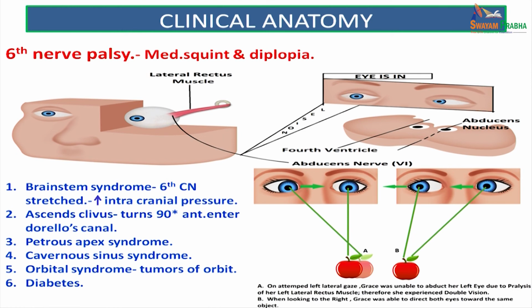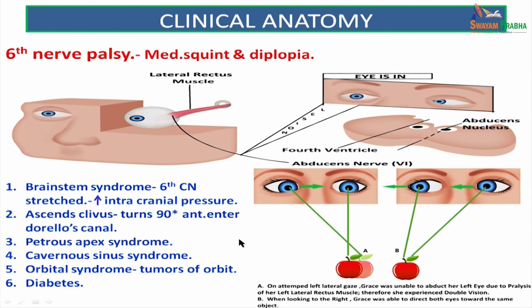That is the very reason the eyeball is adducted, which gives the medial squint. And there is horizontal diplopia that is seen because there is double vision seen by both the eyeballs. So, to compensate this, the person always looks on to the opposite side to look at any object, so that he avoids the double vision.